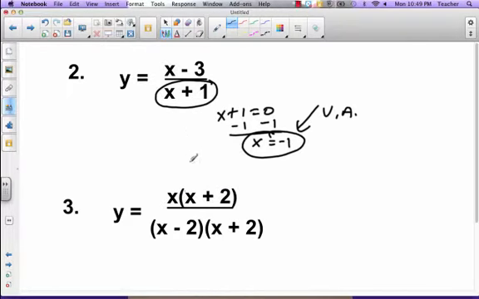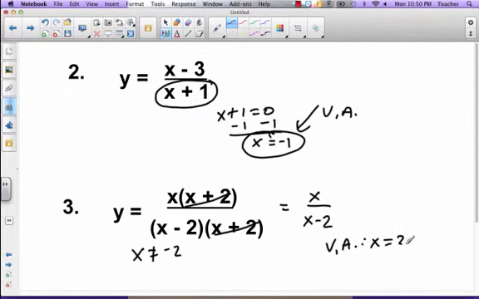Now, from what we've done with wholes, we can go ahead and divide this part out, and we note that x cannot be equal to negative 2 because negative 2 is the 0 for those two factors. And so we would be left with x in the numerator, x minus 2 in the denominator. So again, we're looking at x minus 2, and our vertical asymptote, I'll note that with VA, is x is equal to 2.